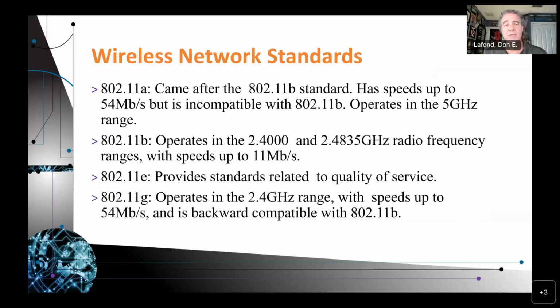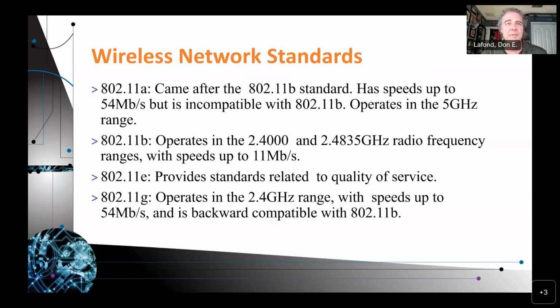Now, the 802.11 standards you need to know: 802.11a, 802.11b. Believe it or not, A came after B. They were both racing to be the first, and B beat A. So B came out shortly beforehand.